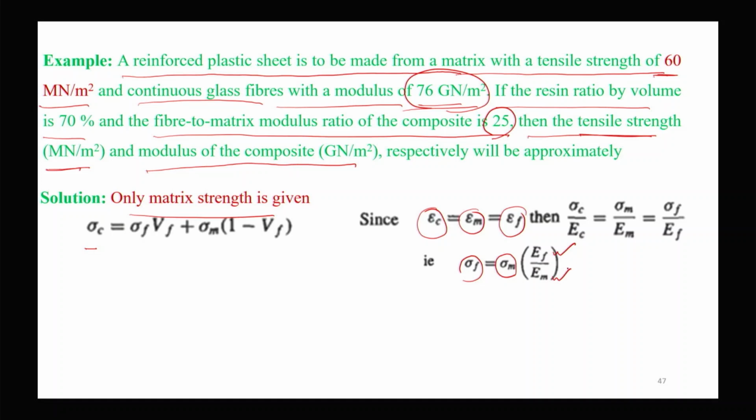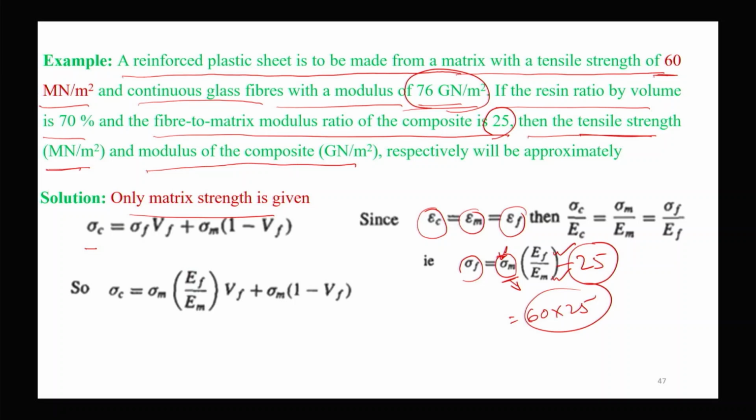This ratio is given as 25, and the stress of the matrix is given as 60. So 60 multiplied by 25 is the stress on the fiber.